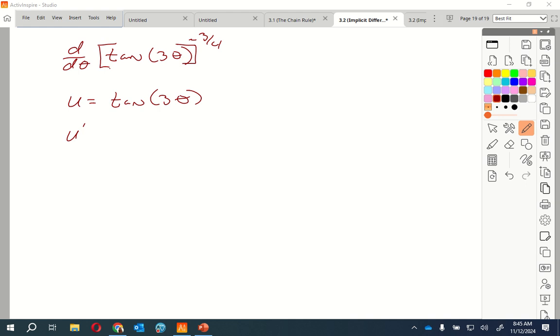So that's my inside part, 3, times the derivative of the outside. What is the derivative of tangent? Secant squared. Secant squared 3 theta.